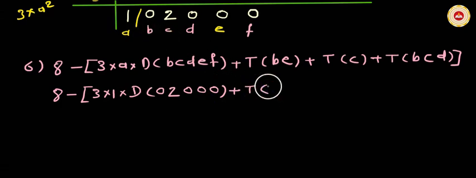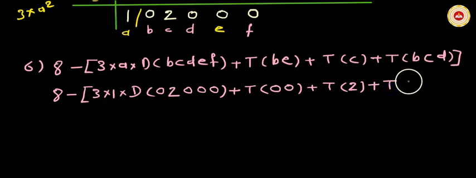What is B? 0. What is E? 0. Plus triplex of C. What is C? 2. Triplex of 2, plus triplex of BCD. What is B? 0. What is C? 2. And D. What is D? 0.